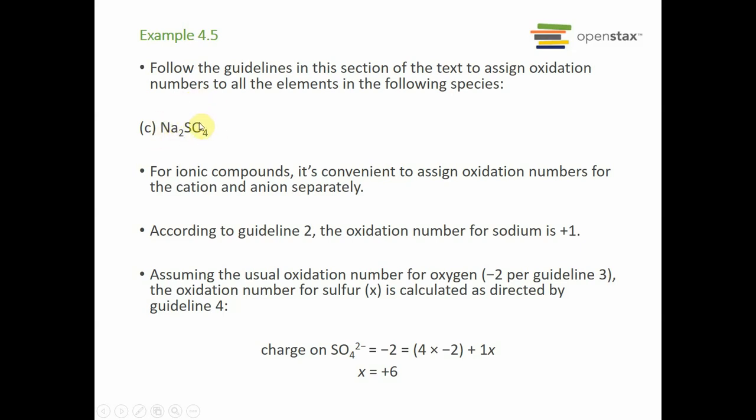Then you have the ion SO4. In this case, -2 is equal to 4 times the oxidation number of oxygen, which is -2, so 4 times -2, plus 1x. So you solve for x and you get x equals +6. So this is sulfur in the +6 oxidation state.